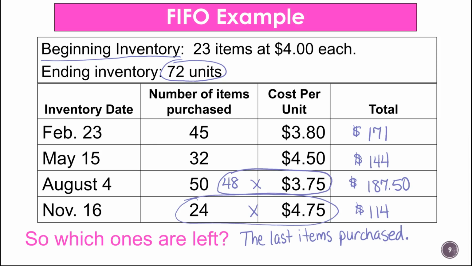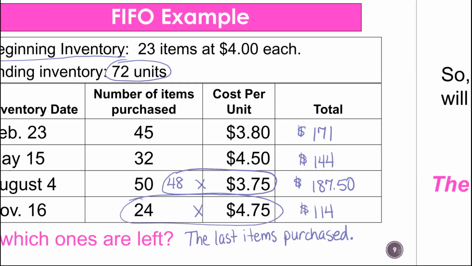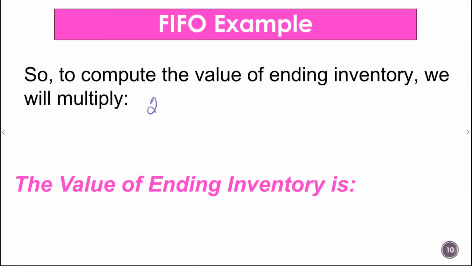On this next screen, we multiply that. So 24 hammers times 475, and remember we had to start at the bottom of the chart. First in, first out, you're thinking the top of the chart, but no, I go to the opposite end, at the bottom. So that was $114.